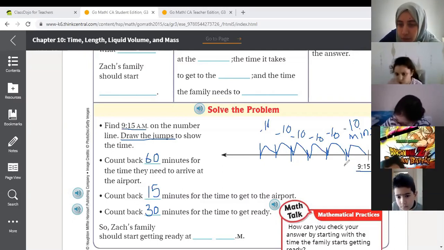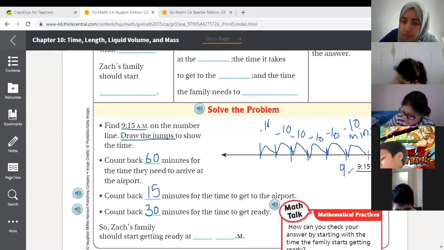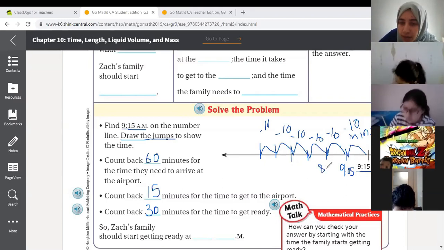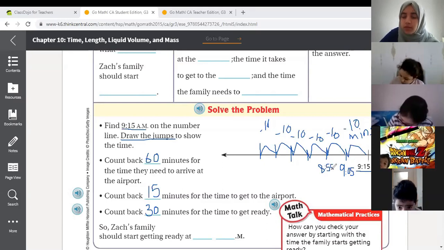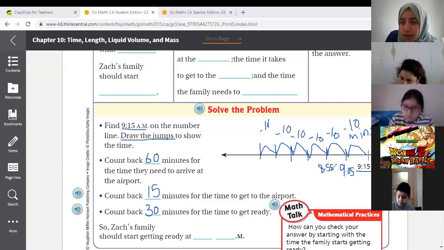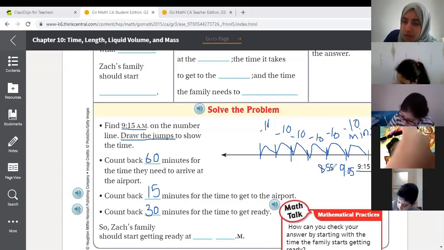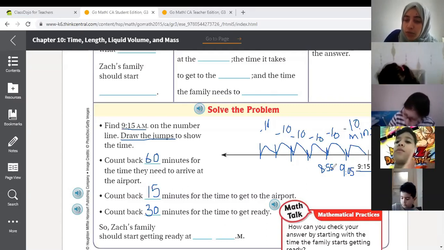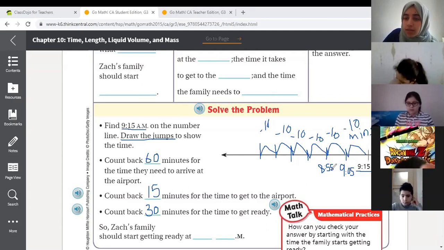So we know 15 minus 10 is 5, so it's going to be 5 minutes after 9, and then minus 10, it's going to be a new hour. 9 minus 1 is 8, and the minutes is going to be 55 because 10 minus 5 minus 5 will be 9 exactly, and then another time we need to subtract by 5 because in total it's 10.